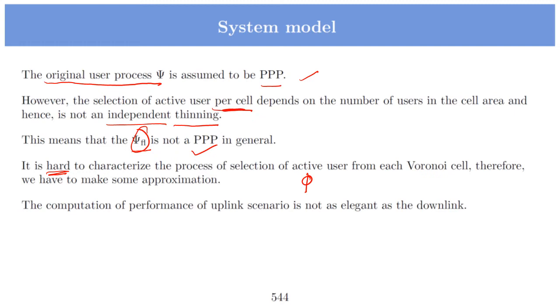You will see that computation of performance for uplink is not as elegant as downlink. In downlink, we did not make this many assumptions because we know what the base station process looks like. But in uplink, we have to make many approximations in the process. So this is not exact, this is not that elegant, but still the approximation is shown to be very accurate in the end.